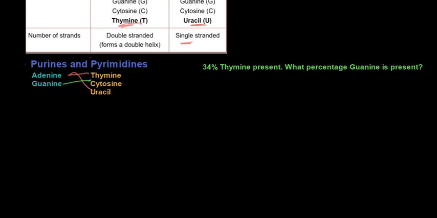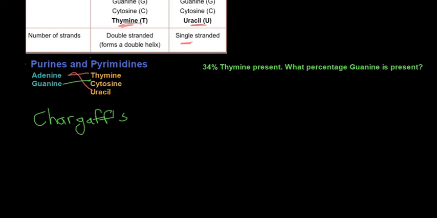You don't need to know about purines and pyrimidines, it's just for interest's sake, and this comes down to a rule for those of you that like chemistry, and it's called Chargaff's rule of base pairing, and that is why these nitrogenous bases can only bond with a certain other nitrogenous base.